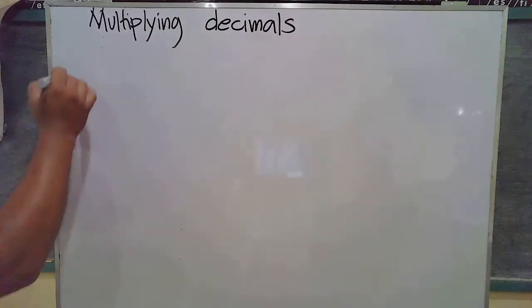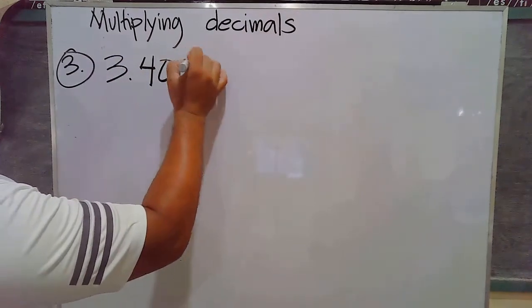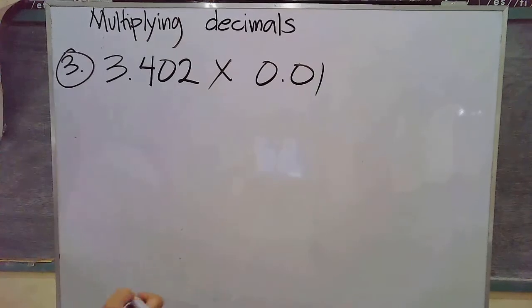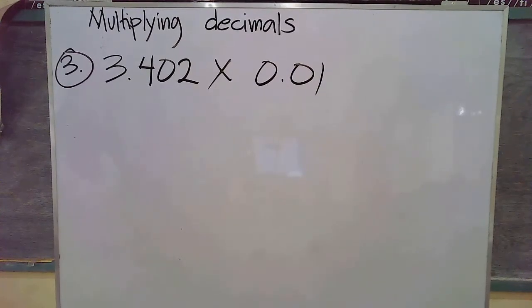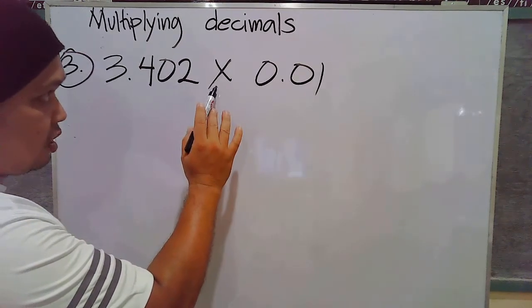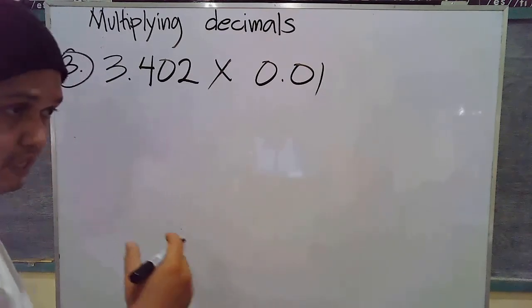We have 3.402 times 0.1. So again, we are multiplying one decimal by another decimal. Okay. So the same procedure.